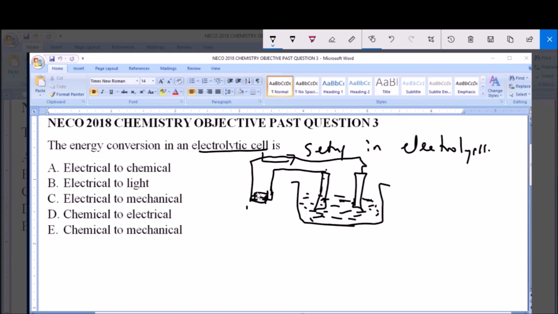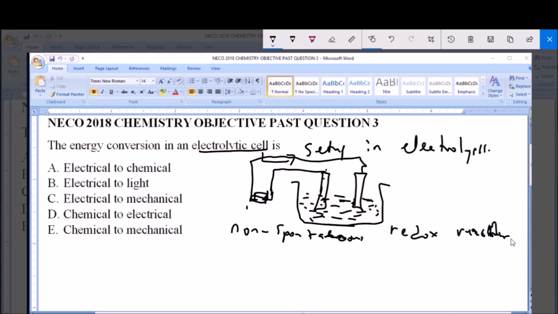So basically what happens in an electrolytic cell setup is that by the time the voltage or the electrical power flows through the electrodes and gets into the solution, there will be what is known as a non-spontaneous redox reaction.